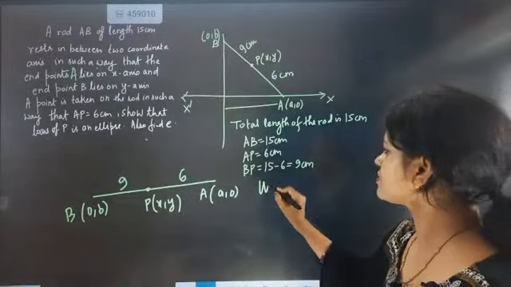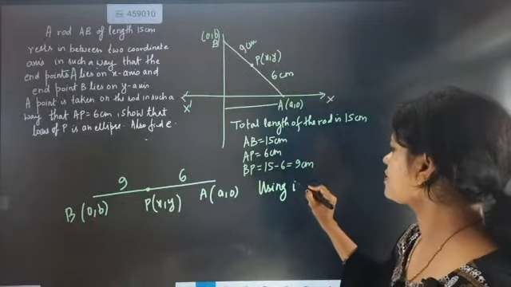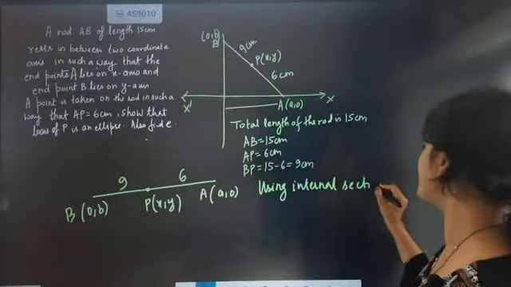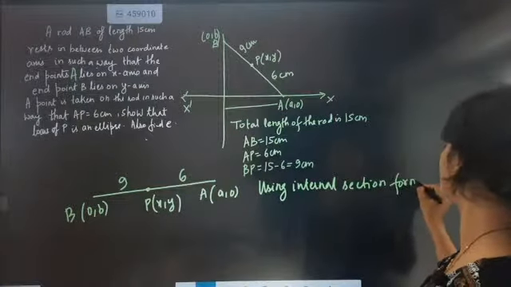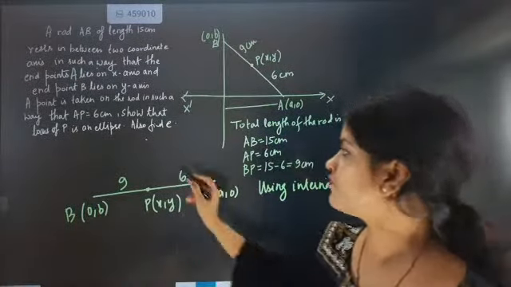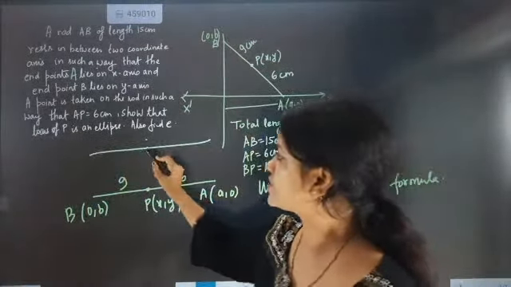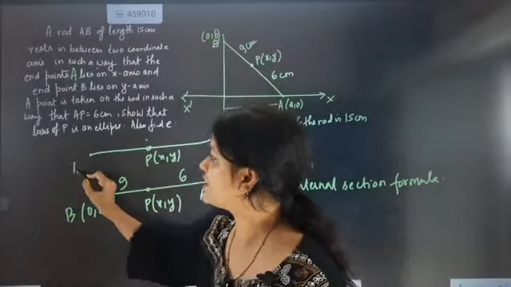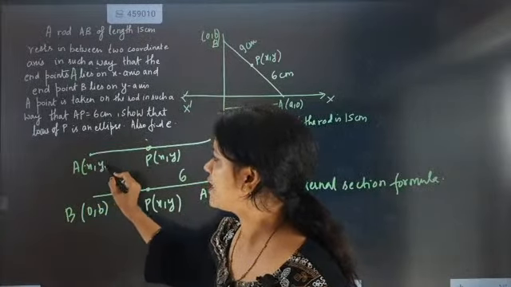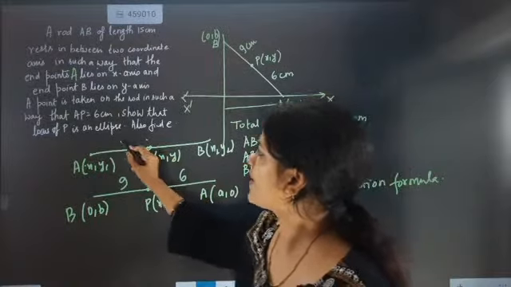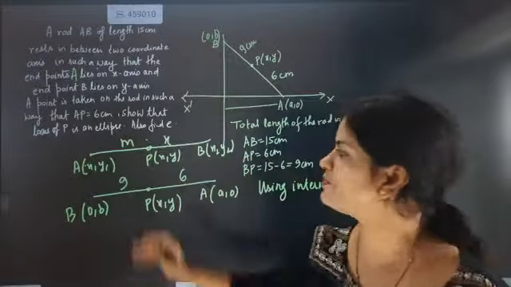So using internal section formula, you have used internal section formula. What is internal section formula? Internal section formula says that if P x y is a point and A is a point x1 y1 and B is a point x2 y2, and the ratio the line is cutting is m is to n.